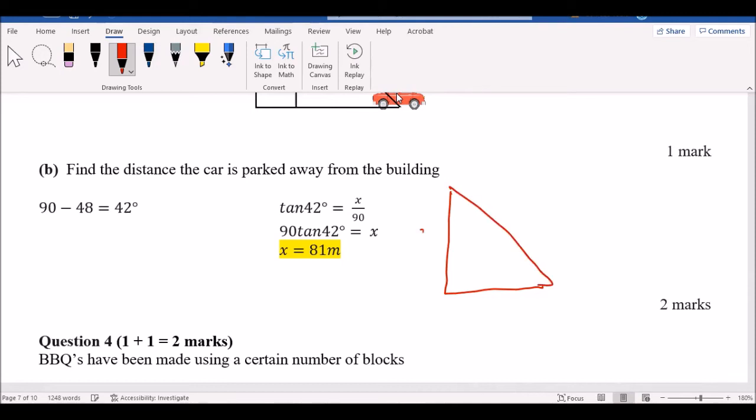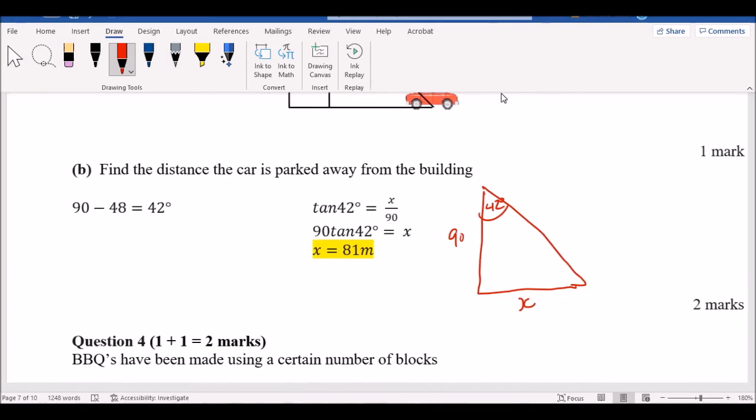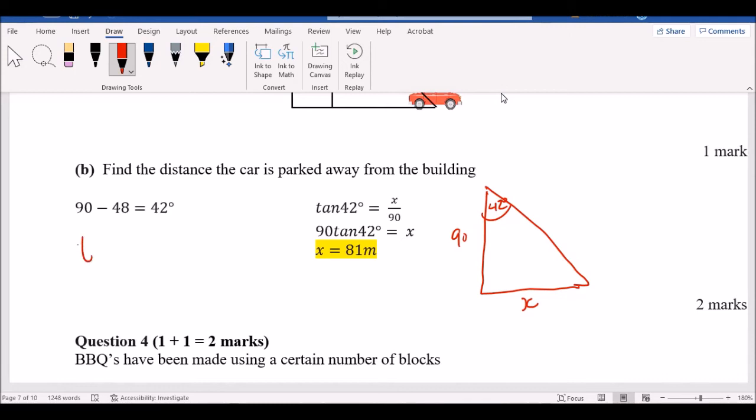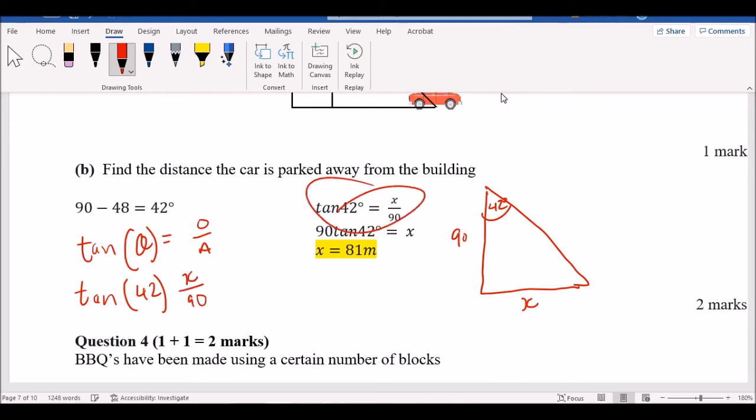Okay, so this should be 90, this is 42, and they're looking for this distance here. So if that's the case, this is my opposite, that's my adjacent, OA, so using a tan ratio, so tan of the angle, opposite over adjacent. In this case, it'll be tan of 42 is equal to x over 90, which is what we have here.